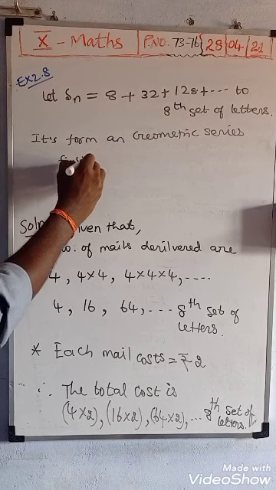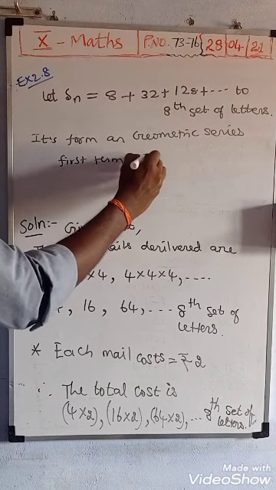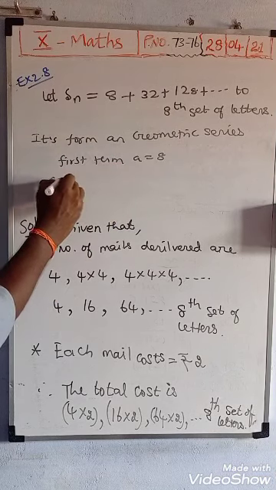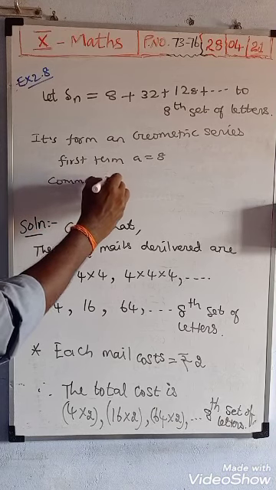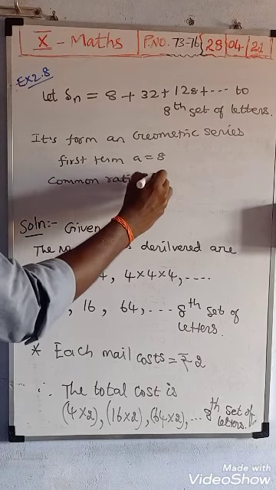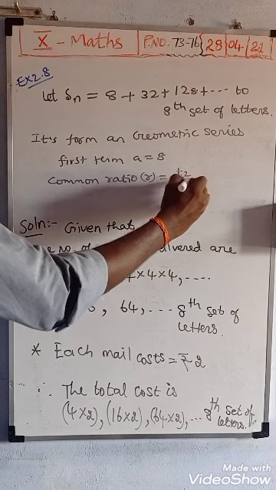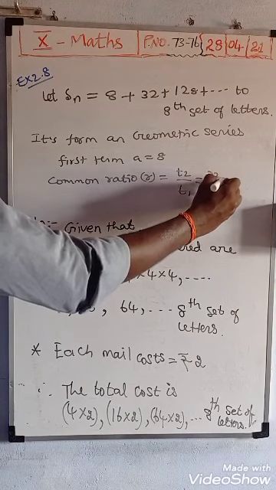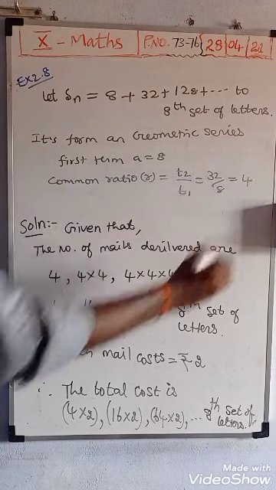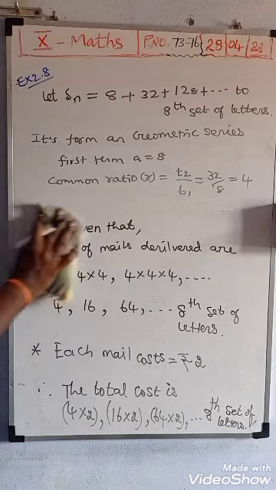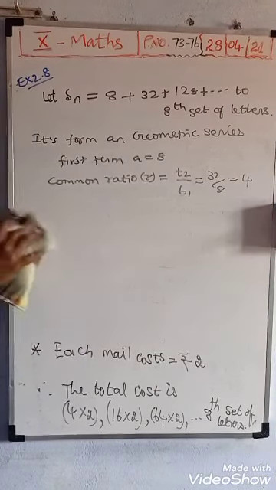Therefore, here the first term a is equal to 8. The common ratio r is equal to T2 by T1, that is 32 by 8, which is 4. So the ratios came equal.